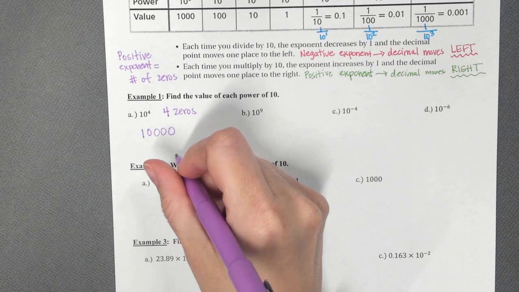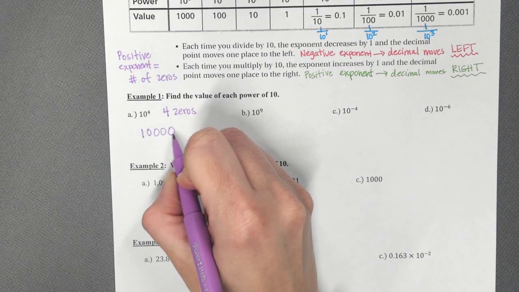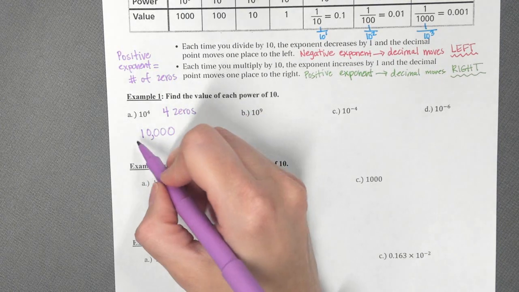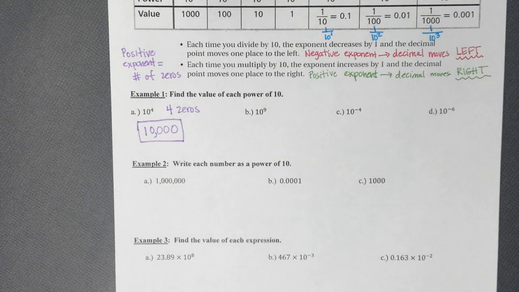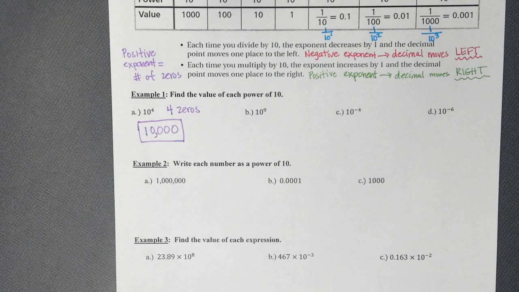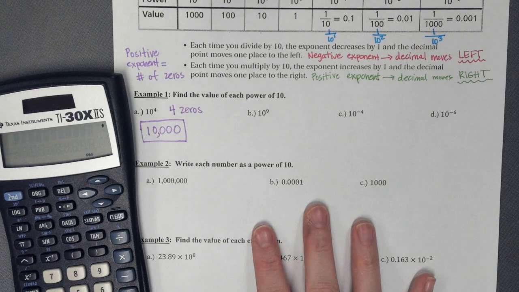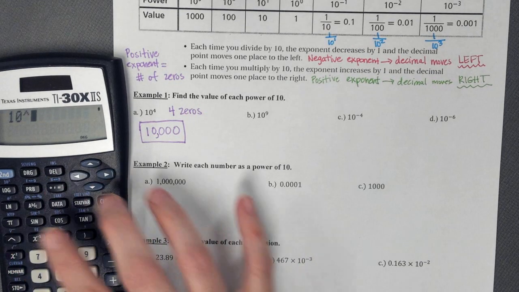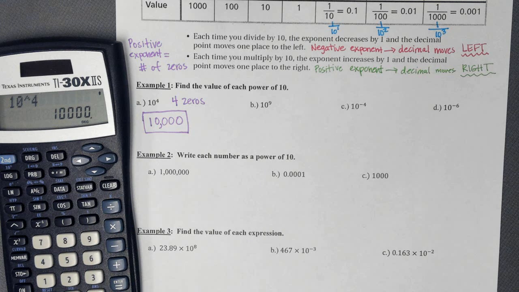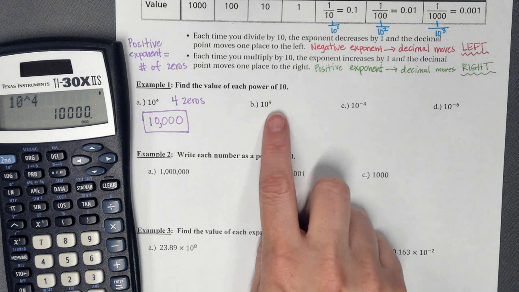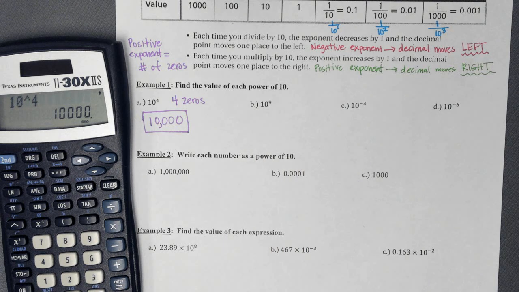Normally we start from the back, and then we count how many? 3. 1, 2, 3. So this is going to be 10,000. Then we can check that. If we do 10 to the 4th, you should have 4 zeros here. I think this trick is faster than even just plugging it into your calculator.